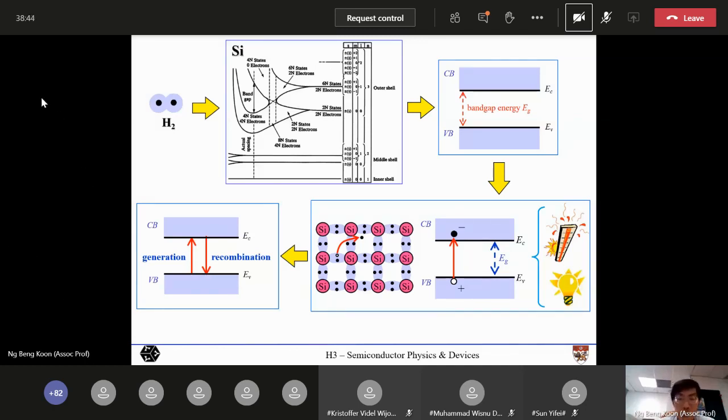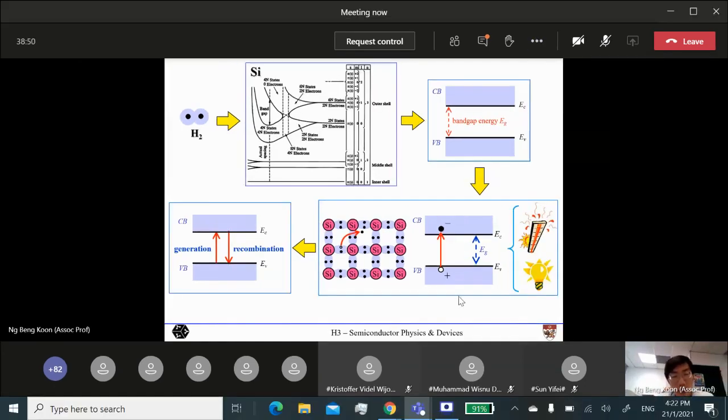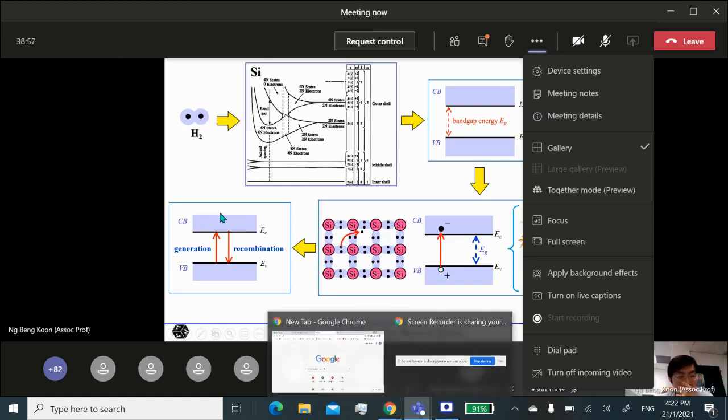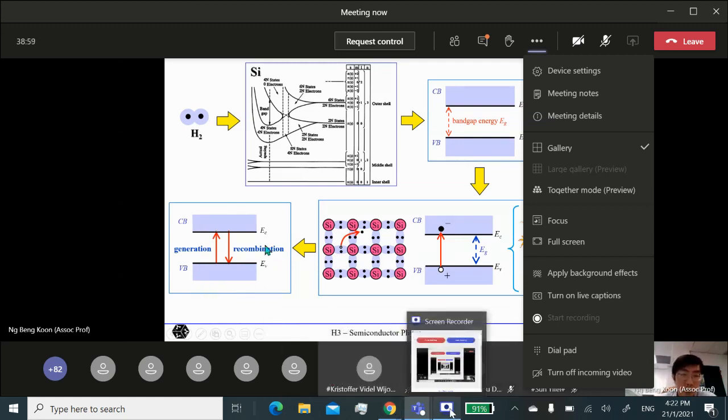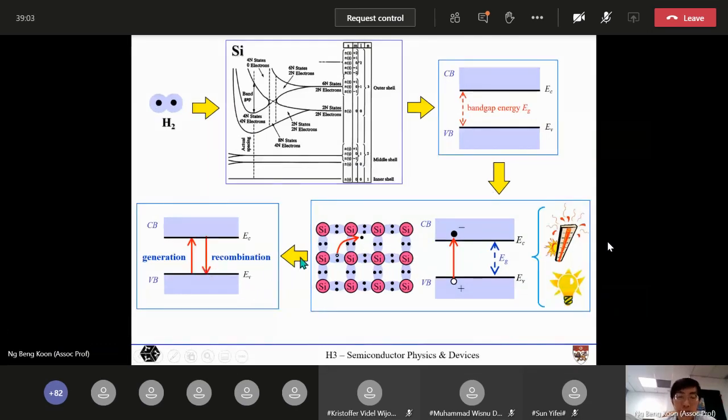This process is also ongoing, and you find that under steady state or thermal equilibrium condition, the generation rate and the recombination rate will balance. What that means is that you actually see a stable number of electrons and holes in the conduction band and the valence band of the semiconductor. So under equilibrium condition, the number of electrons and holes are stable.